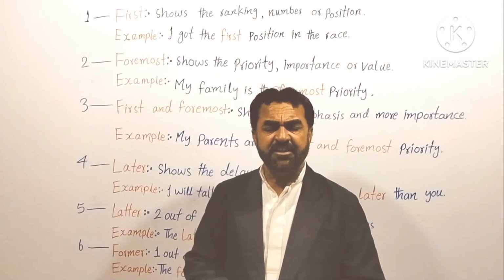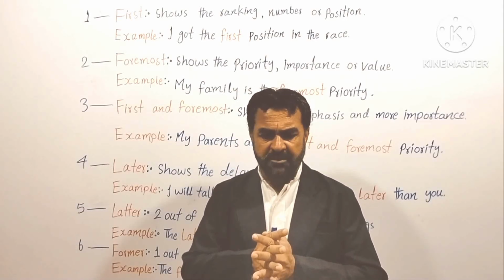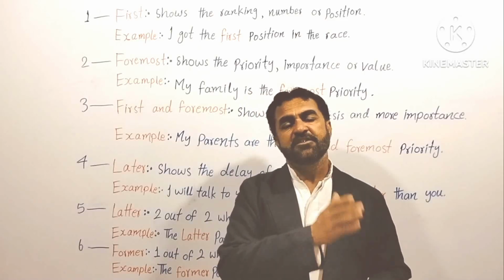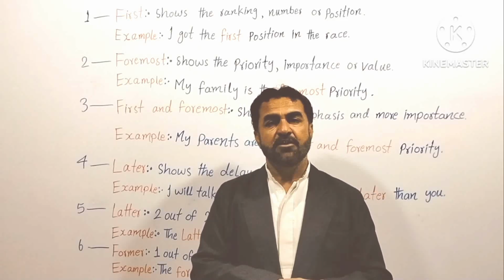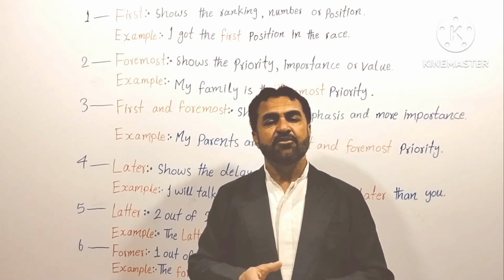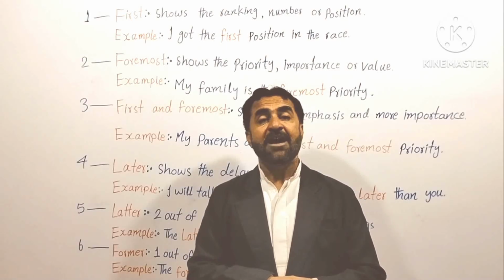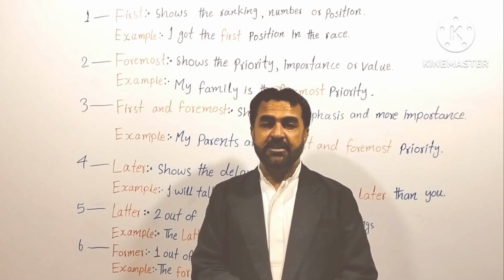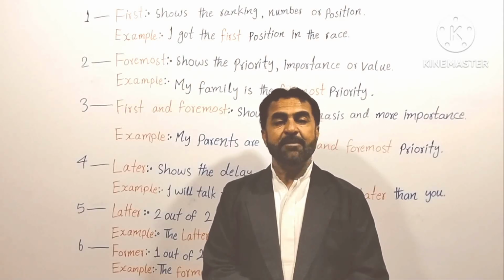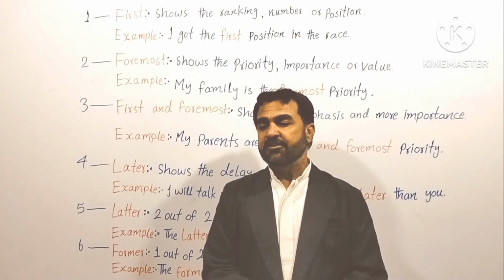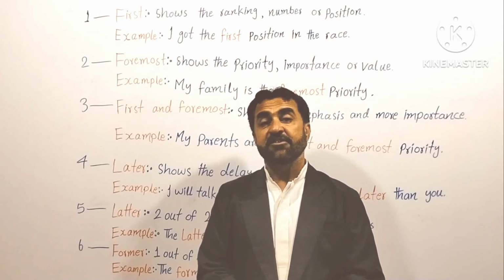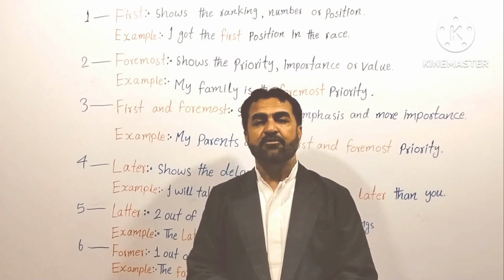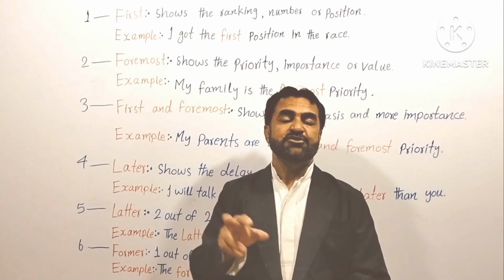Now you would be thinking, why in ranking is it not first, second, third, fourth, fifth? Because former and latter also show position, ranking. But this is English, it has its own rules, and there are many other examples. When we talk about two persons, we say between the two, but when we talk about more than two, we say among the people, among the students.